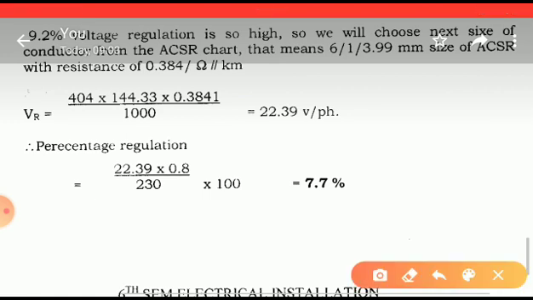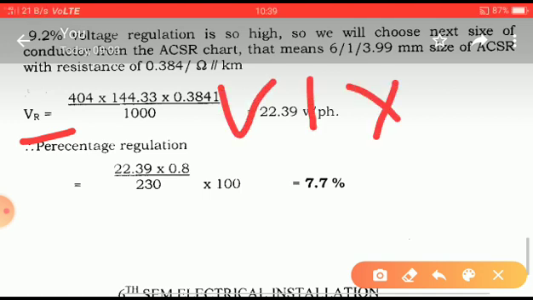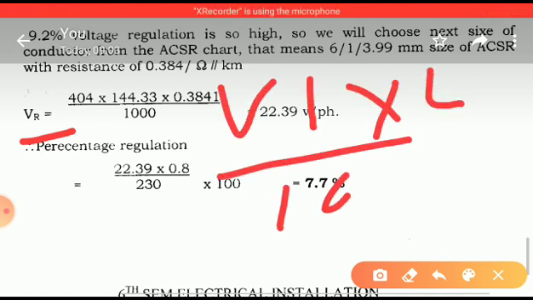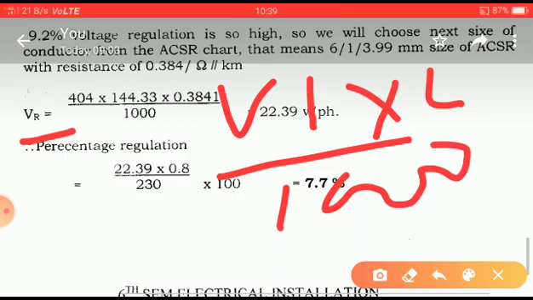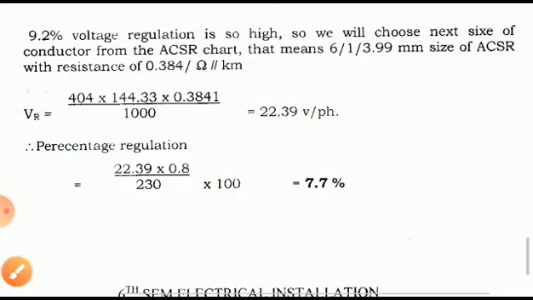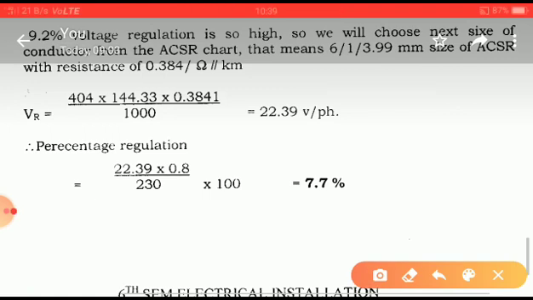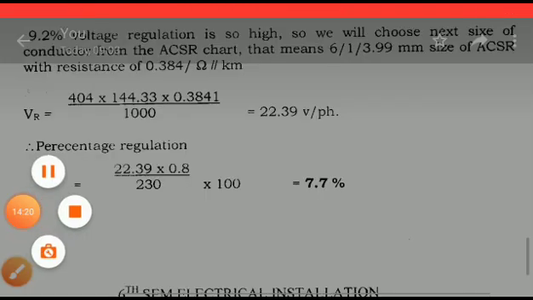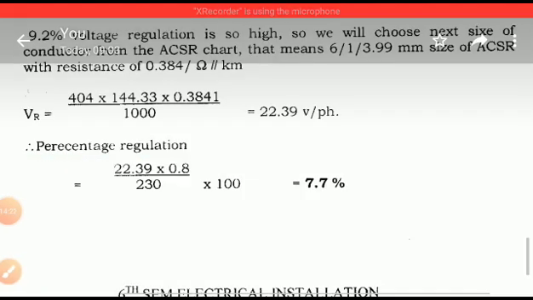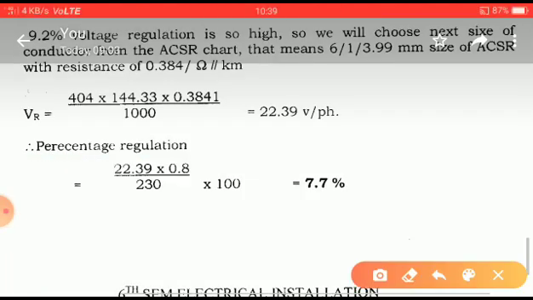Now again we will calculate the voltage regulation. The voltage drop is equal to current into resistance into total length by 1000. The total length is 404, the current flowing is 114.33 and the resistance is 0.3841 per 1000.